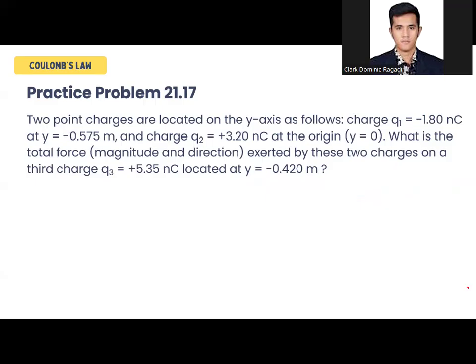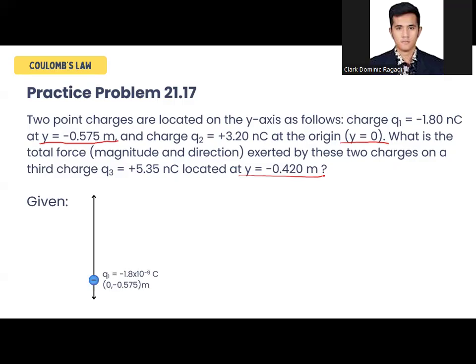So let's start by having an illustration. If you look at the placements of our charges, they are actually located on the y-axis, that is why I have drawn a y-axis here. First, we are given charge 1 equivalent to negative 1.8 times 10 to negative 9 coulomb located at 0, negative 0.575.